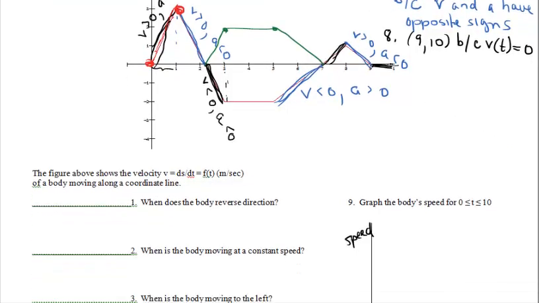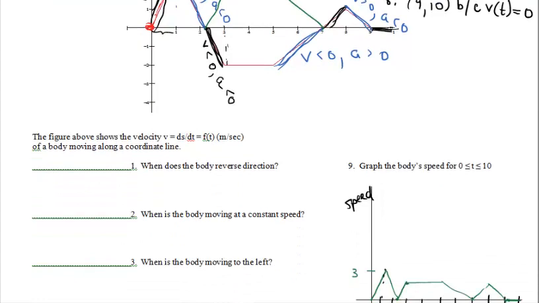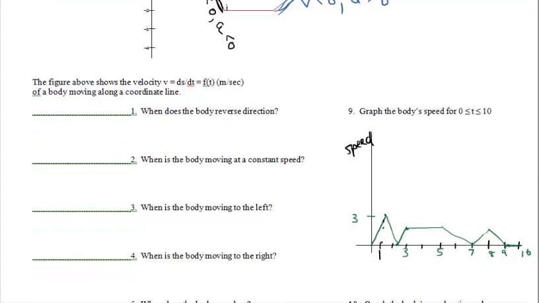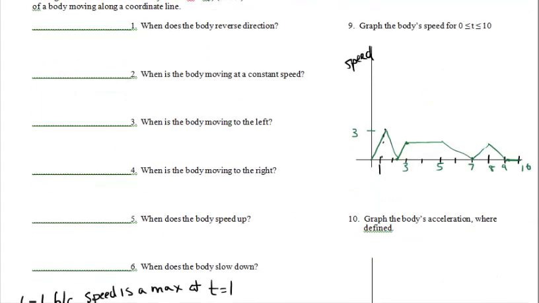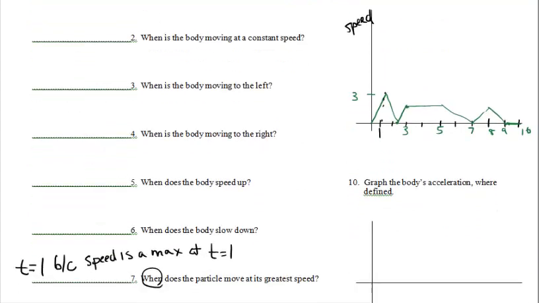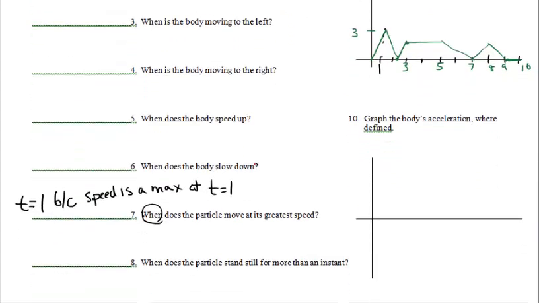So coming down here to produce the acceleration graph, it's easy when you have a piecewise linear function. I'm going to go ahead and put some tick marks on here.